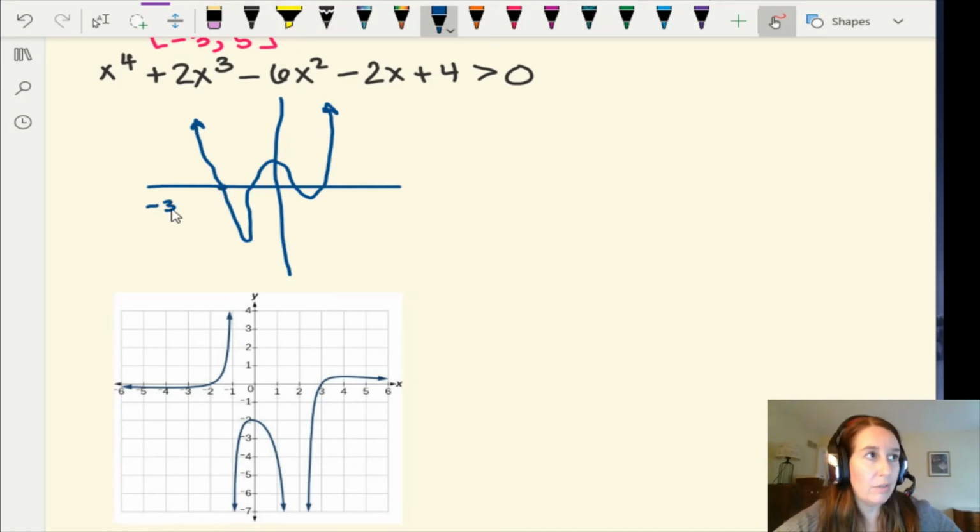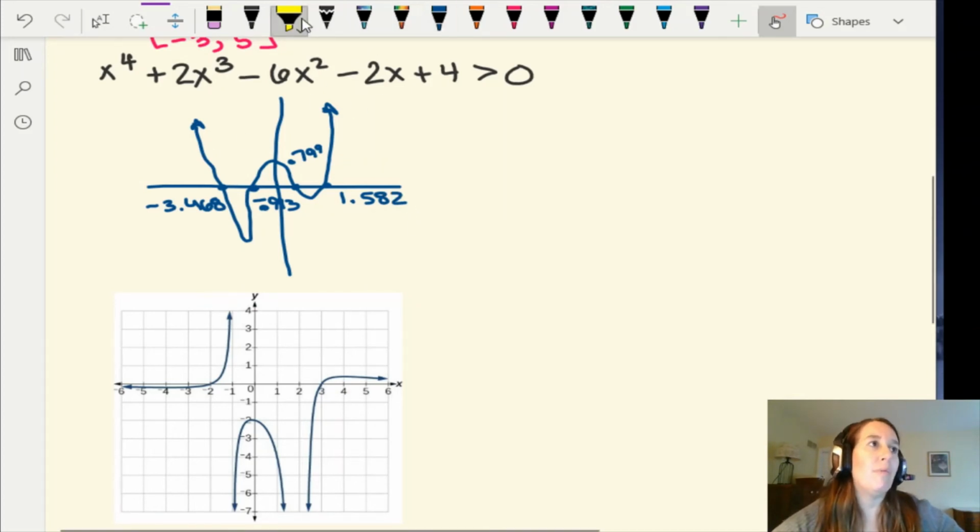So negative 3.468. This one is negative 0.913. This one is 0.799. And this last one is 1.582.